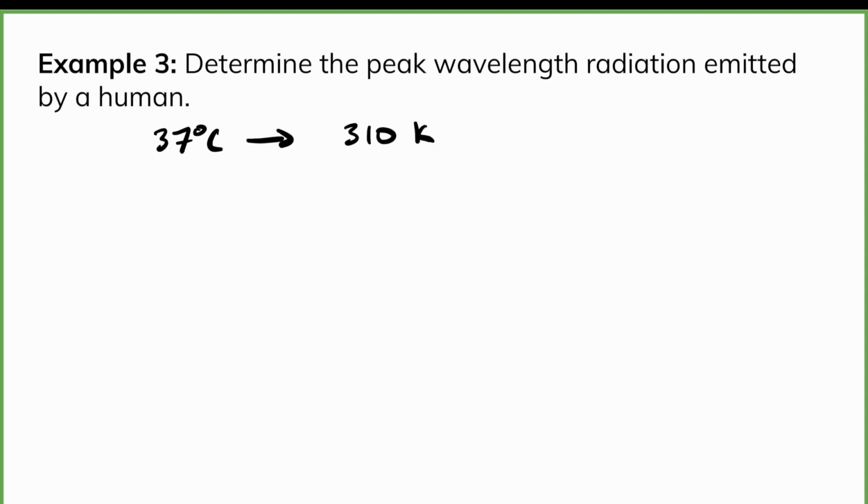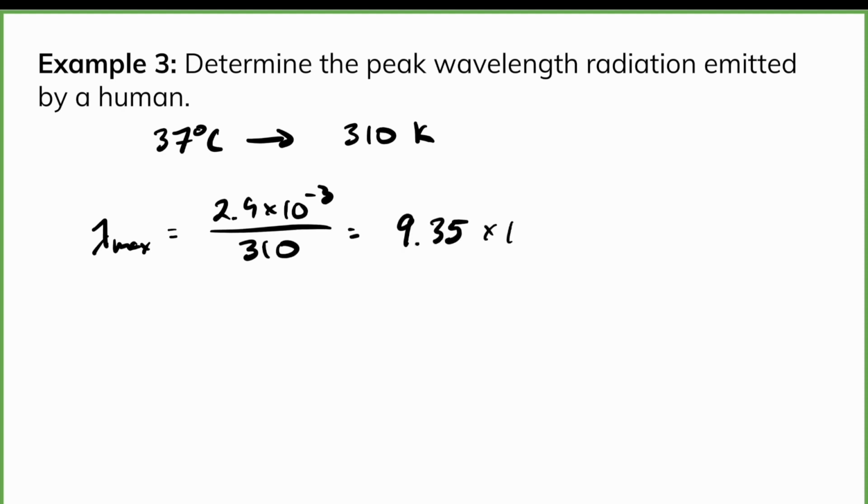And if we want to know the peak wavelength, that's going to be the constant divided by 310, and that gives us 9.35 times 10 to the negative 6 meters. And it turns out this is well above visible light, and the average human is emitting radiation in the infrared part of the spectrum.